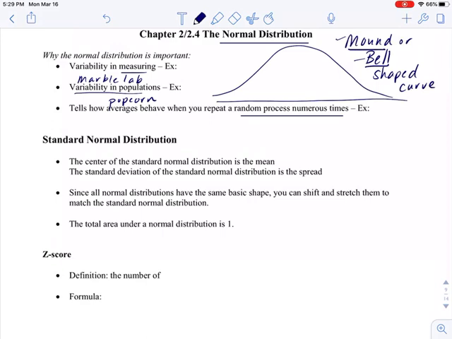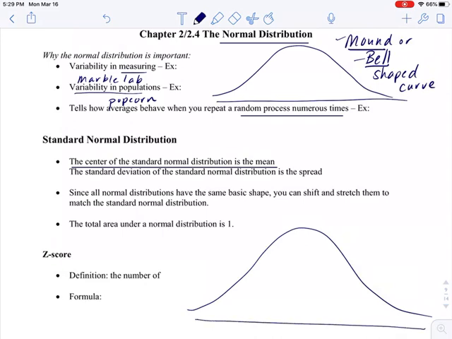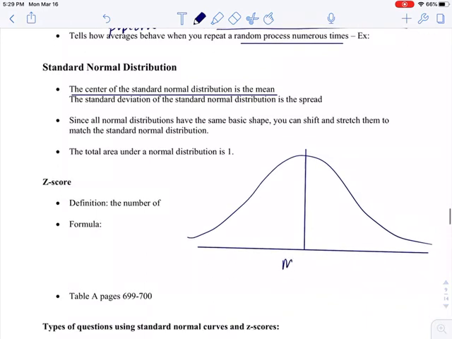And the first property is that the center of the standard normal distribution is the mean. So when I sketch the standard normal distribution, the center of it is our mean, or average.